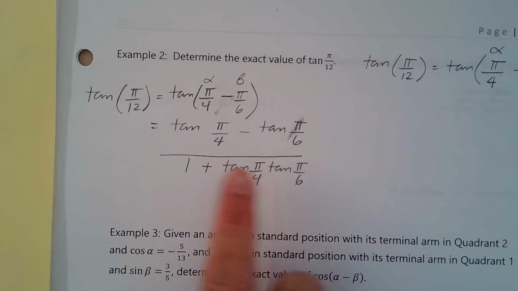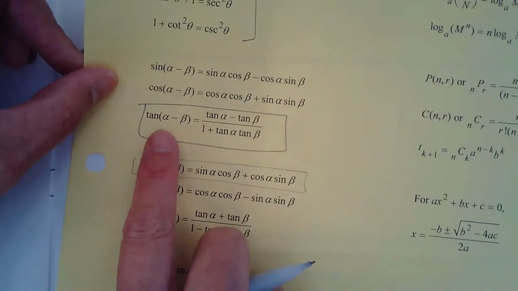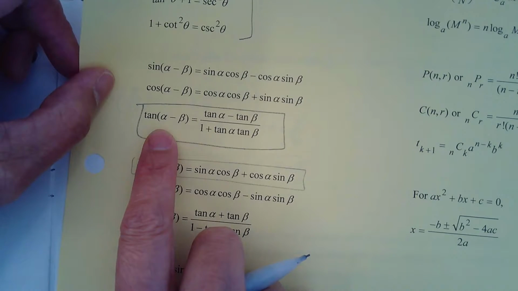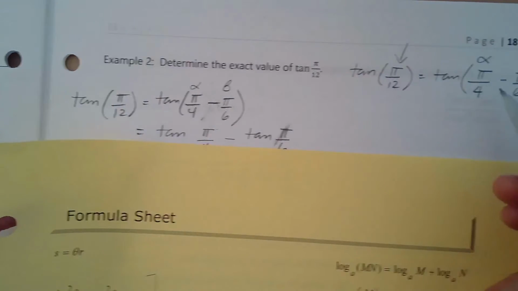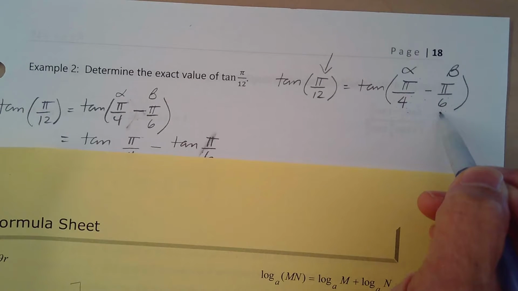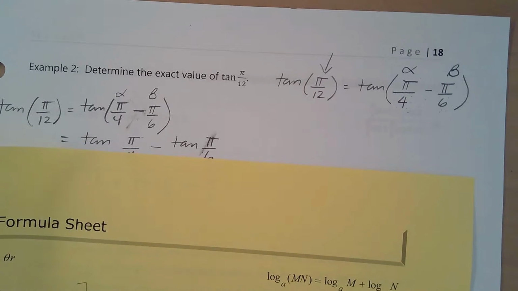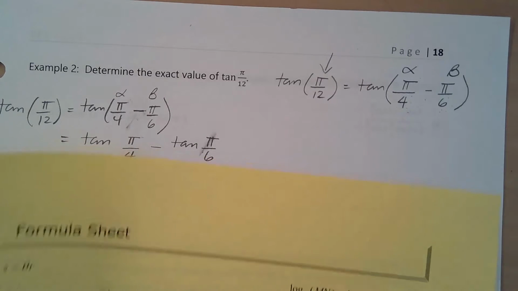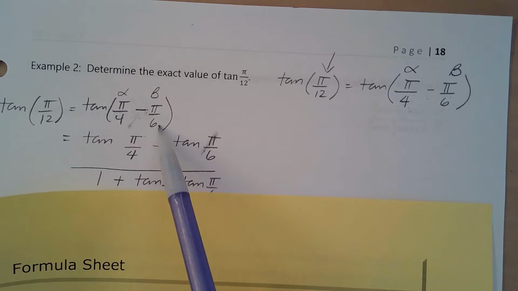Where did I get all these? Right here. Because we said that to be able to get pi over 12, it's the same thing as pi over 4 minus pi over 6. Okay, I gave you that because that's a little challenging to think about at this time. Plus we want to speed up the video. So I split it up into alpha and beta.